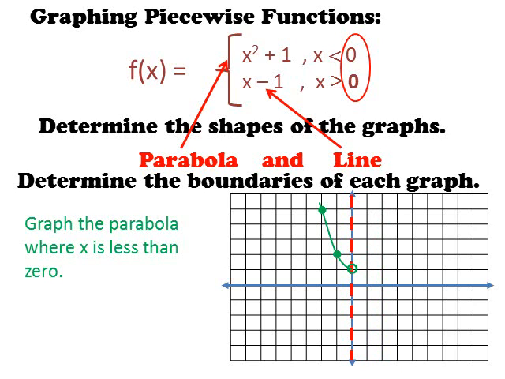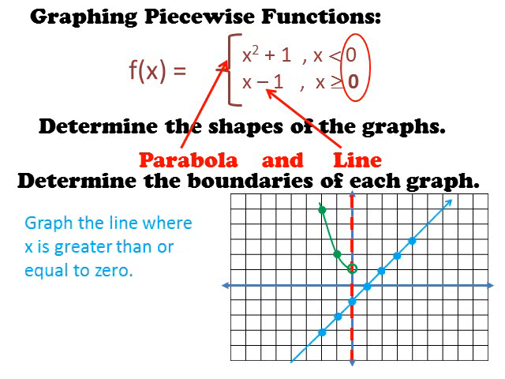Then draw the straight line x minus 1. You can draw it using tables, or you can transform the straight line y equals x, like this.